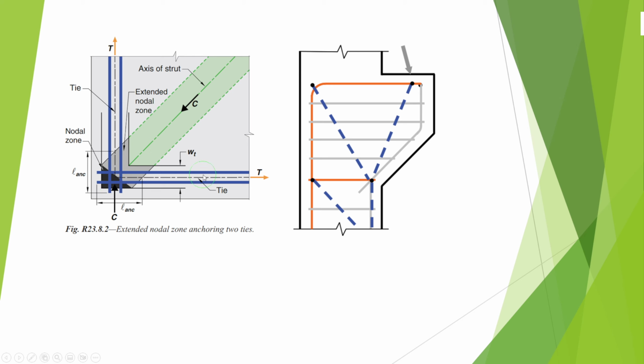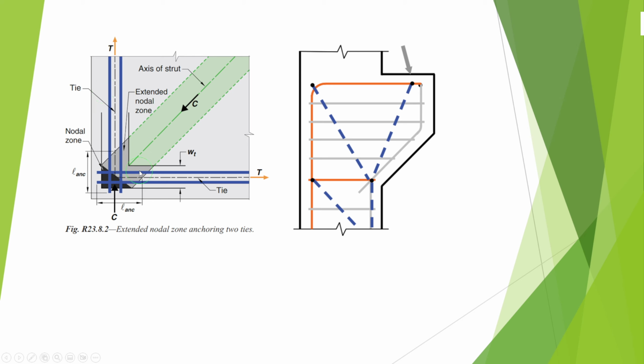If you need to satisfy the tie anchorage in this direction, you have to make sure that from this point to this point, the length is enough to satisfy the straight bar length or standard hook length ldh as per the ACI code, and you also have to satisfy it for the vertical reinforcement or the vertical tie.